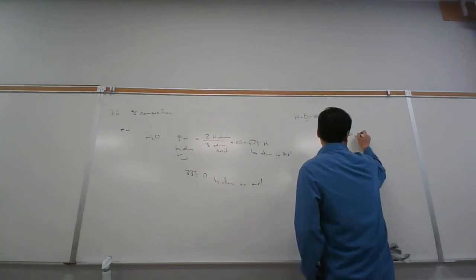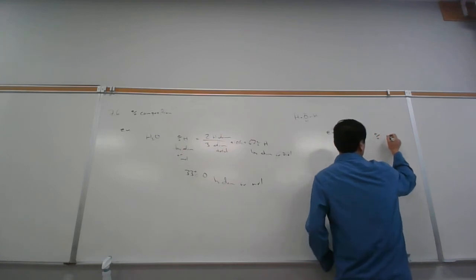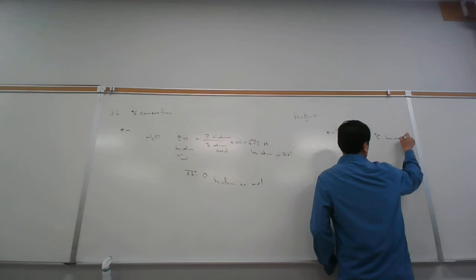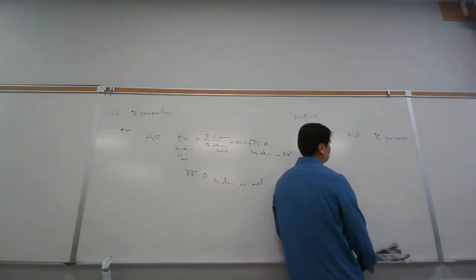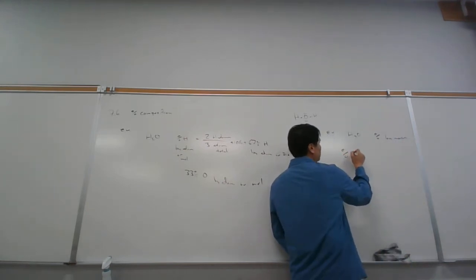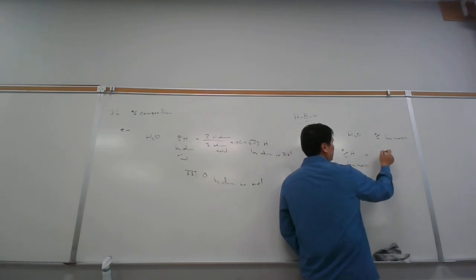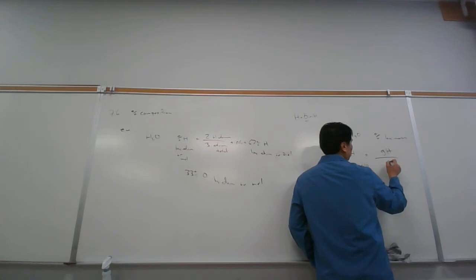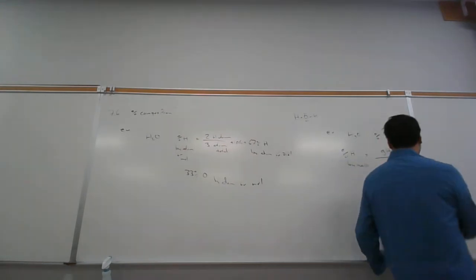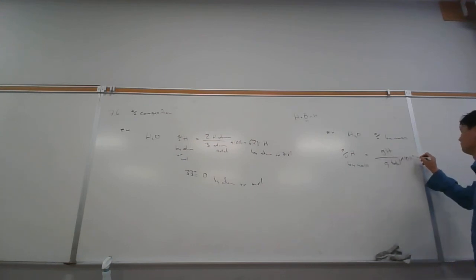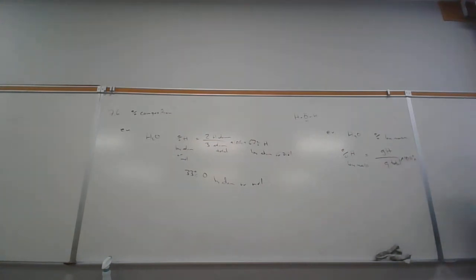And so we'll go look at H2O, and this time we're going to do percent by mass composition. If I want the percent hydrogen by mass, then I need to know how many grams of hydrogen over how many grams total, times 100%. Well, I know how much hydrogen I have.